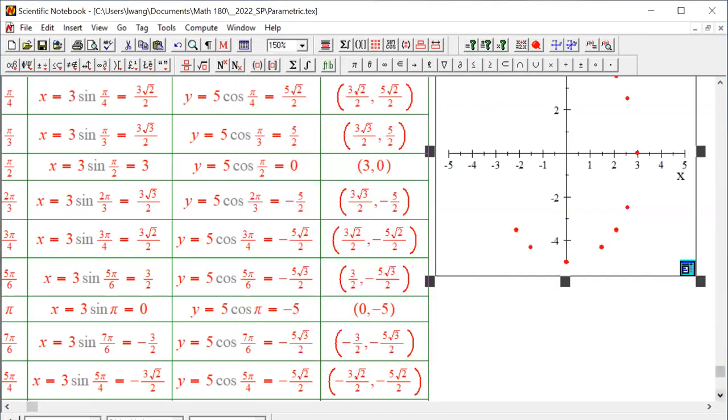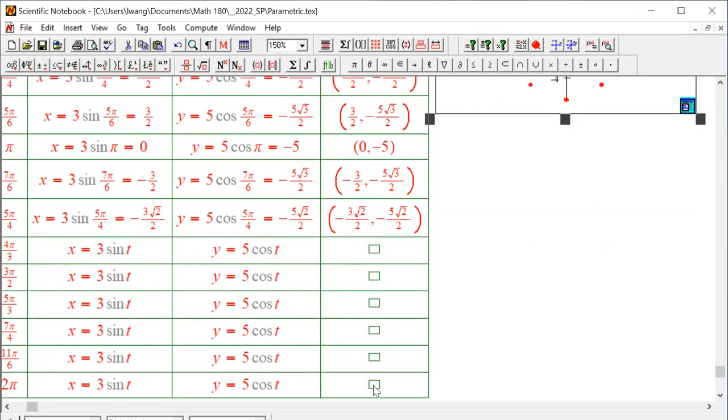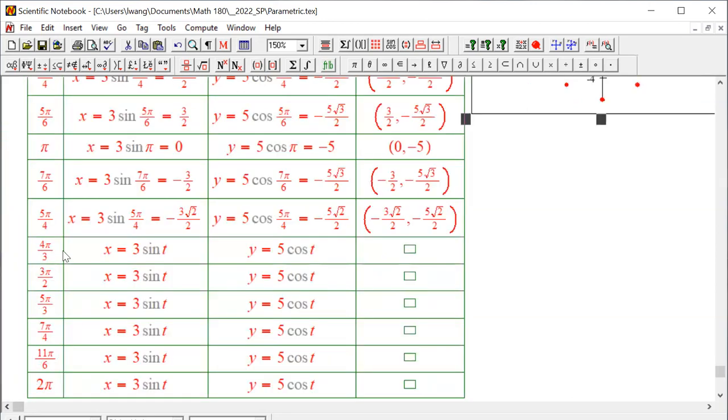We are almost there. So the next point is 4 pi over 3. If you want to focus on doing these points, let's do these two, in the third quadrant, and then we continue.